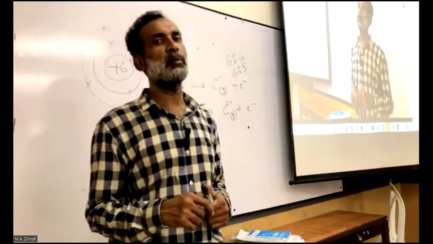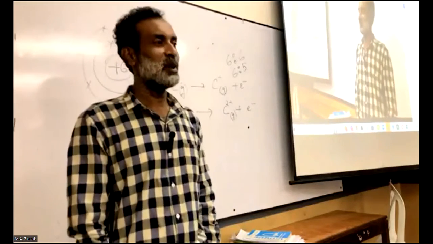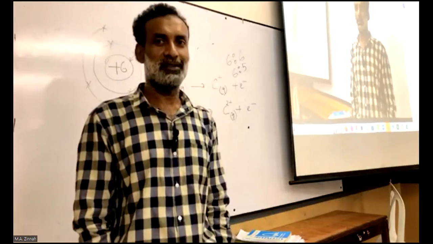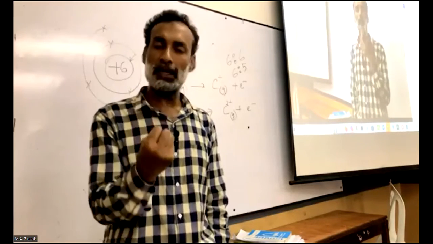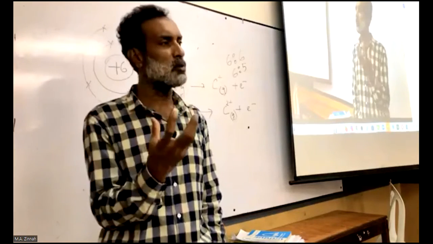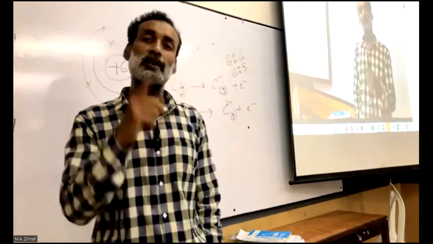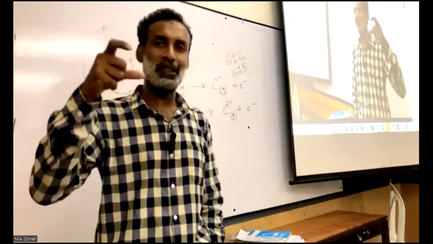And another fact you can mention there is the size of the atoms. When an electron is removed, the size will decrease slightly. With one less electron, the atom will be smaller. So when the atom is smaller, the distance between the nucleus and the next electron you're going to remove is less.